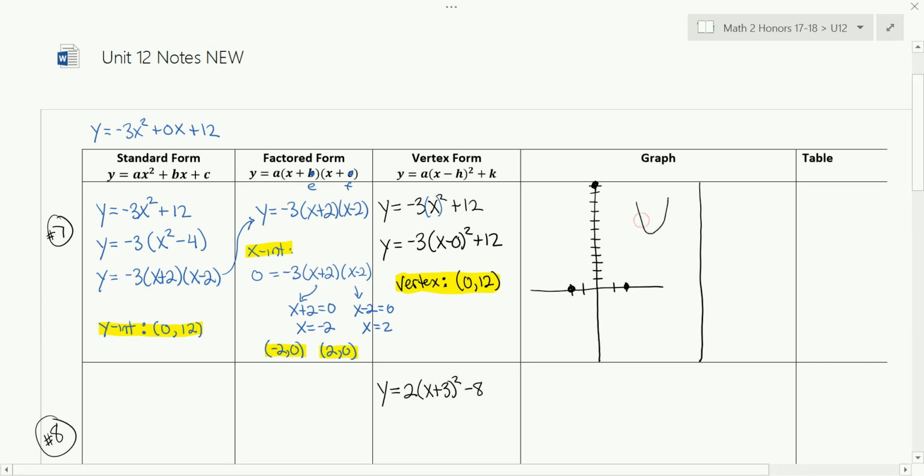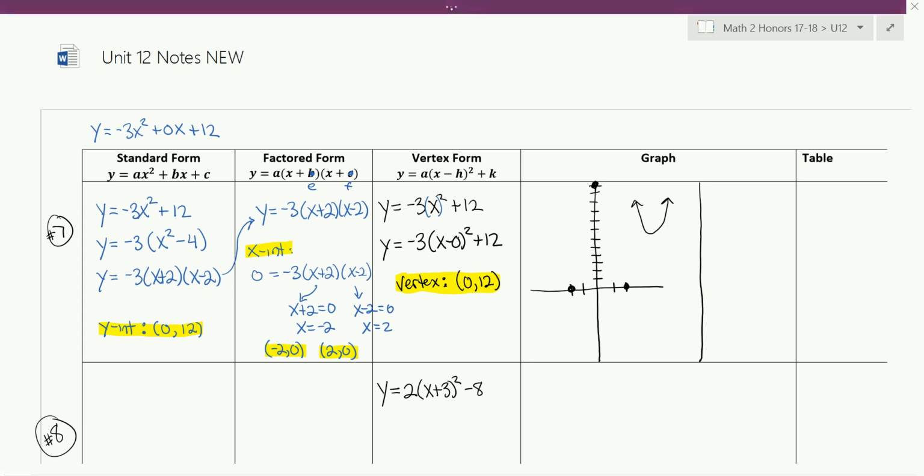What if I had a parabola that did this? Would it ever cross the x-axis? So it wouldn't have x-intercepts. Will a parabola never have a y-intercept? It will always have a y-intercept if it's opening up or down. If it opens sideways, it's a different story, but we're not going to get to this. Just know that eventually I'll give you those. Right now, every parabola I'm going to give you will have 2 x-intercepts, but eventually I'm going to start changing that up on you too. Okay.